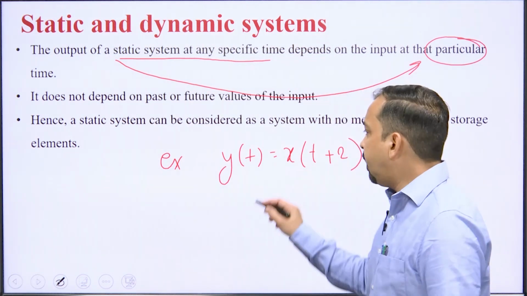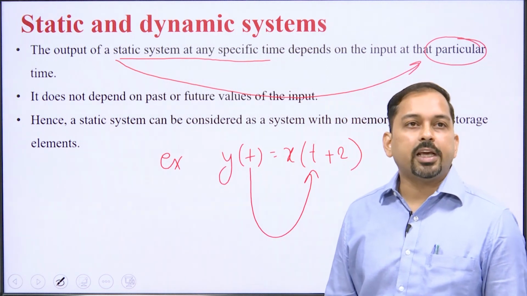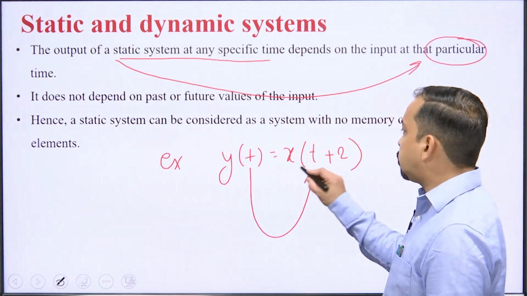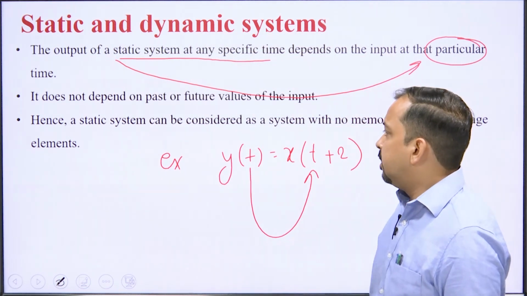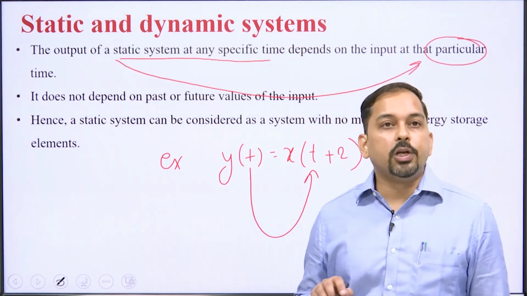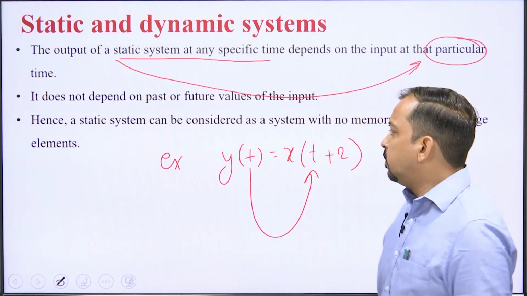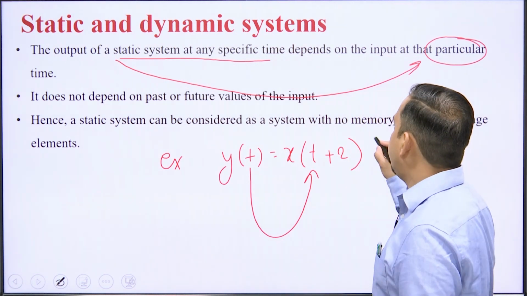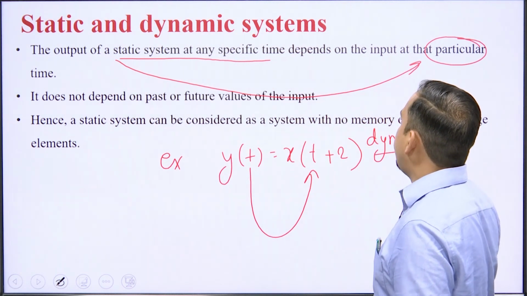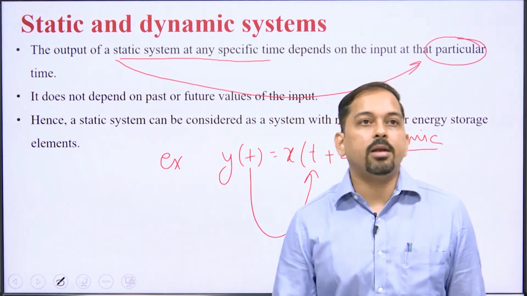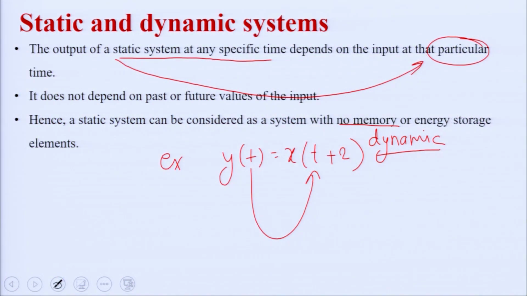At t equal to 0, the output depends upon the input value x(2). So, this system is called a dynamic system, or a system with memory. Dynamic systems have memory, whereas static systems do not require memory.